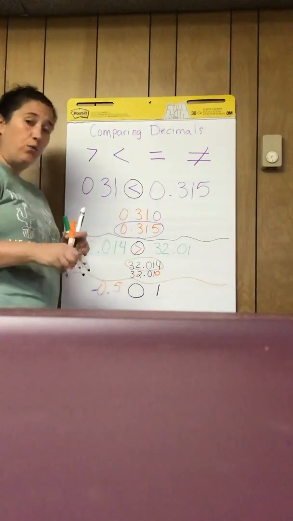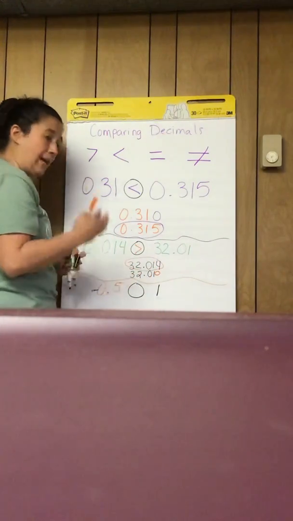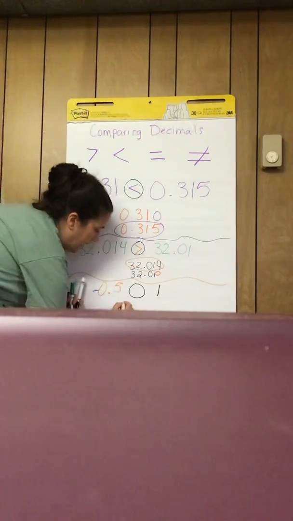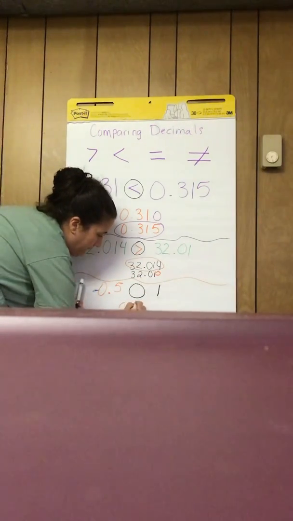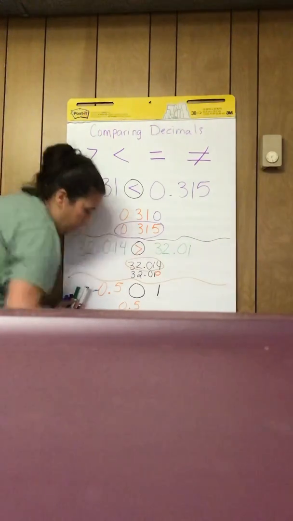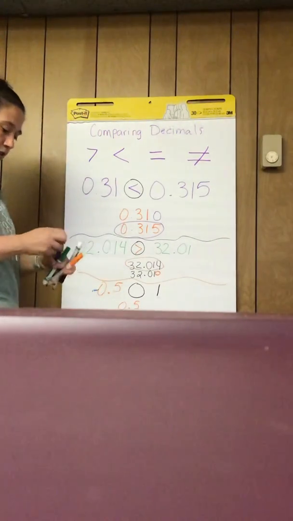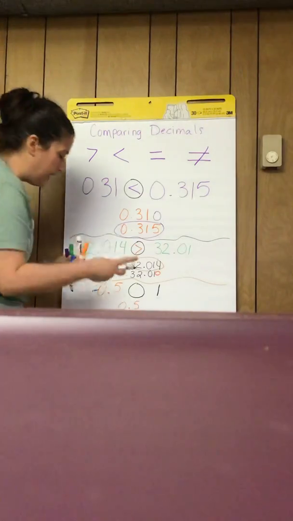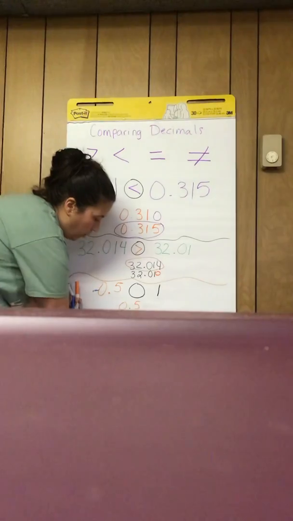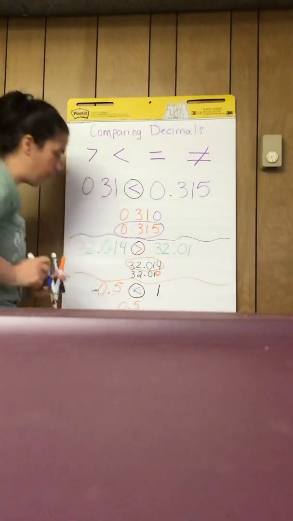If you have a whole number, the decimal is always to the right of it. So the way you would line this up would be 0.5. Your 1 would go here and your decimal would be here. To make sure that you have the same number of digits, you would add your magic zero. Your 1 whole is larger, and then you can use your sign.